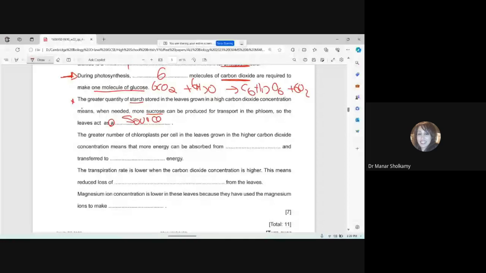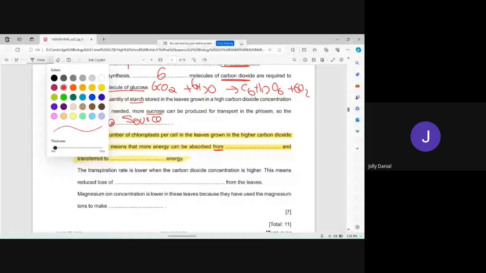The greater number of chloroplasts per cell in the leaves grown in the higher carbon dioxide concentration means that more energy can be absorbed from, this is nice, I'll highlight this one. We absorb energy from where and we convert it to what? This question came in more than one exam. From light and convert it to chemical energy.